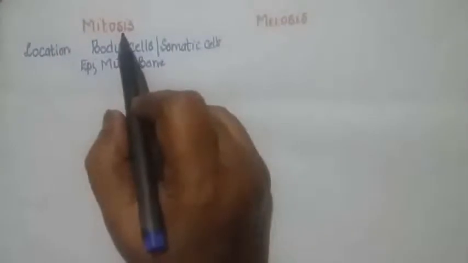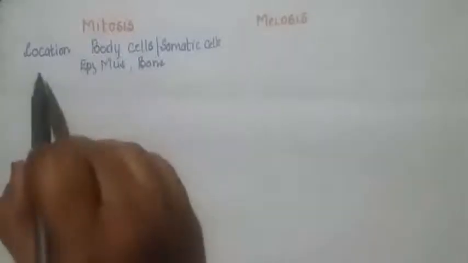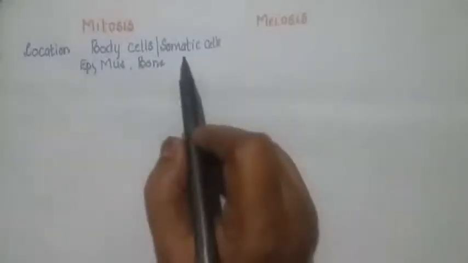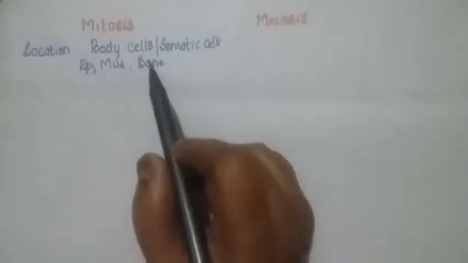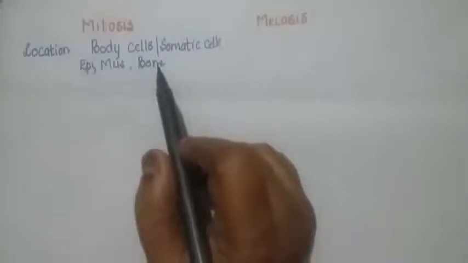So all these cells undergo mitosis or mitotic cell division. So mitosis occurs in all the cells of the body except the reproductive cells. Right? So RBCs, WBCs, when the bone marrow produces all these blood cells, they are all produced by mitosis.